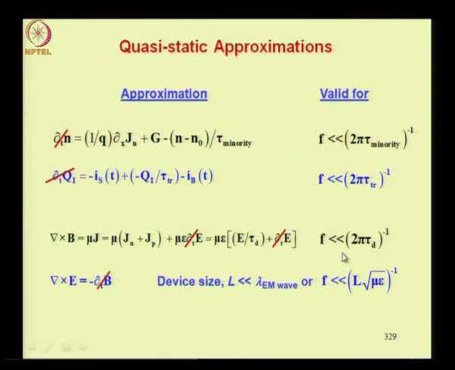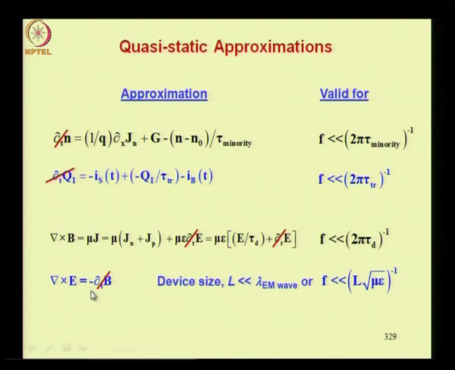So this is how a knowledge of the dielectric relaxation time helps us to explain the frequency conditions that should remain in the device for the quasi-static approximation to hold.